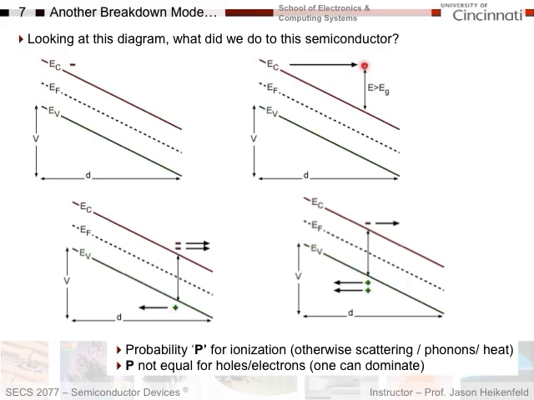An electron goes over here, and let's say it made it to here, and its energy is greater than the band gap energy. Well, if it has energy greater than the band gap energy, the electron can come down to the conduction band, give up that energy to the silicon atoms, and as that electron came down and gave up its energy, it created an electron-hole pair.